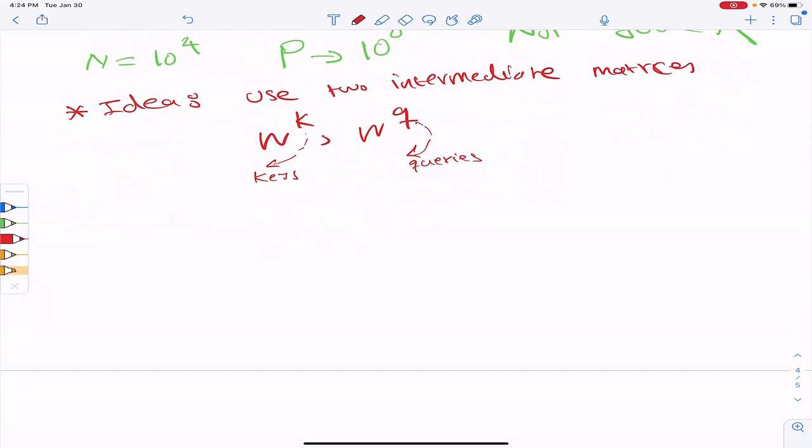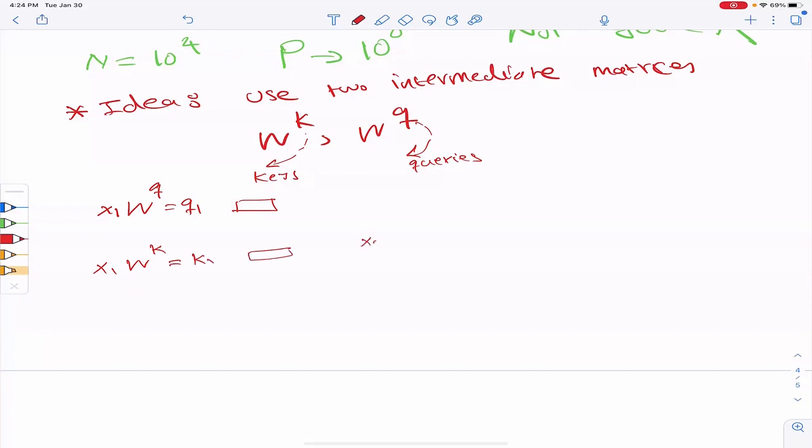So what I'm going to do is the following. I'm going to multiply x1 with WQ. I'll get a vector Q1. I'll multiply x1 with my key matrix, WK, get K1.